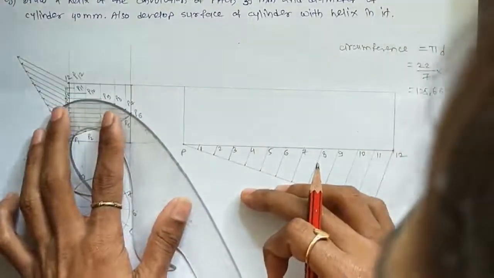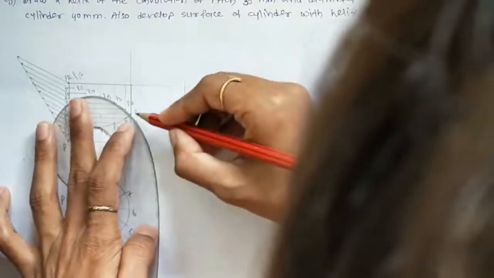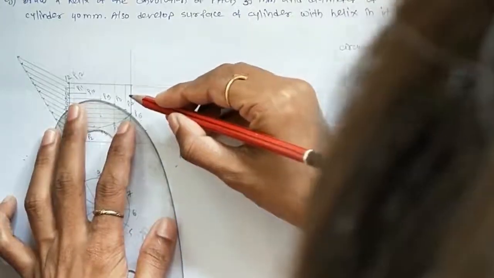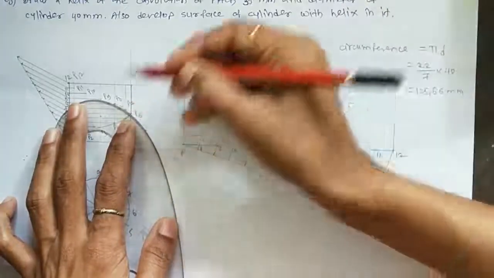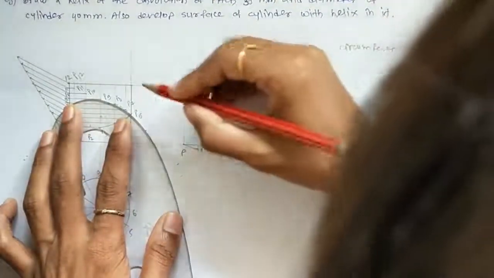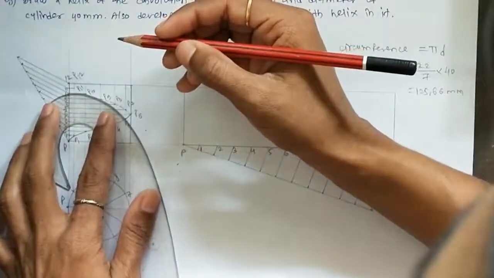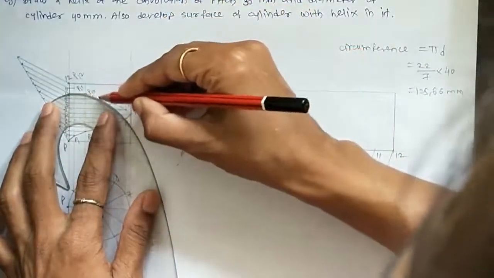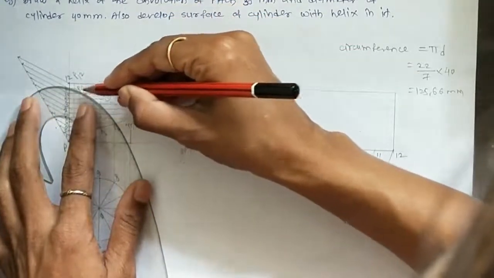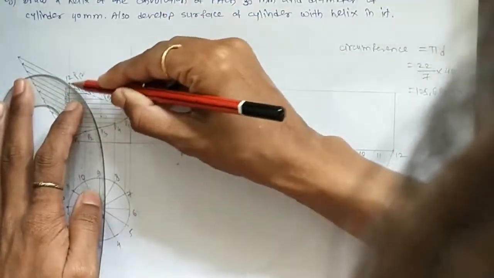So I will join point P6 to point P7 by a dotted line, then point P7 to point P8, then point P8 to point P9, point P9 to point P10, point P10 to point P11, and point P11 to point P12.